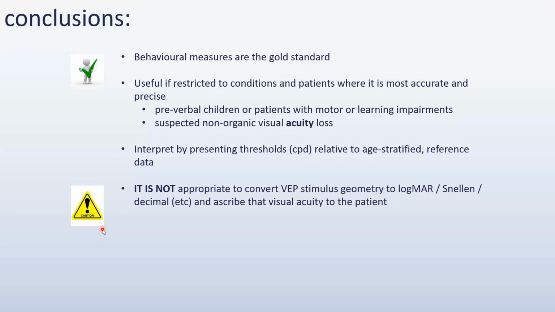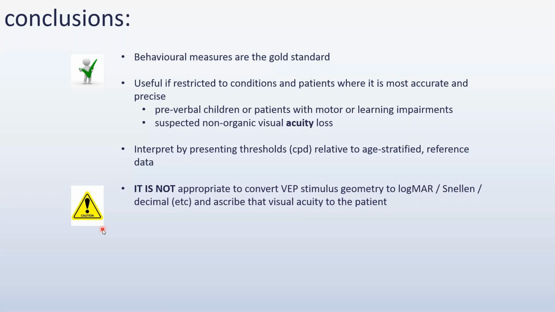Some important points, and this is really, really important. It is not appropriate to convert the VEP stimulus geometry in cycles per degree or whatever into logMAR or Snellen or any other behavioural acuity units and to ascribe that visual acuity to the patient. Doing so risks being out by quite a long way.